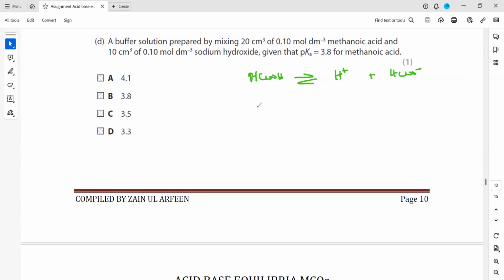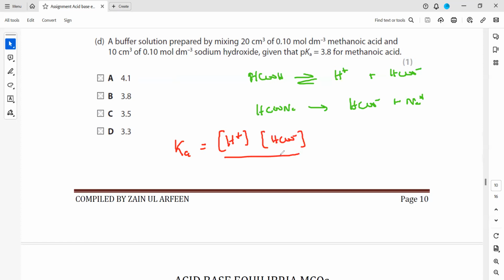And its salt is there, sodium methanoate, which will dissociate into methanoate ion plus sodium ion. So when we write the equation for the first part, we write dissociation constant Ka for the methanoic acid as product divided by reactant, so concentration of hydrogen ion, concentration of methanoate ion divided by concentration of methanoic acid.